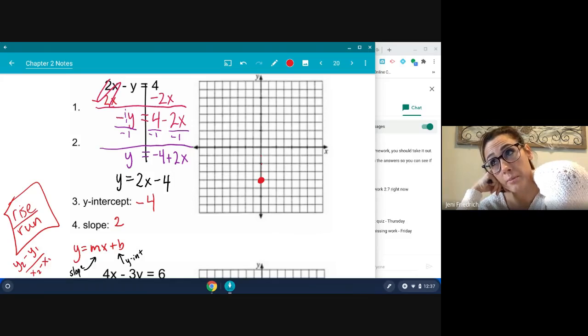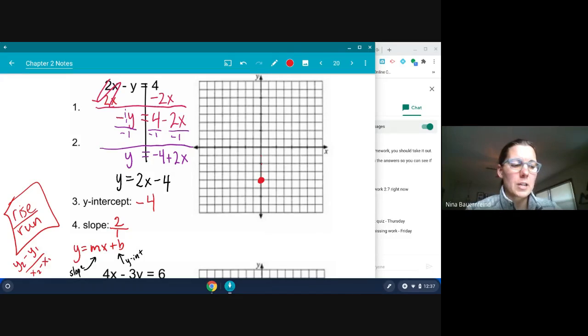If a number is divided by 1, so if there's ever just a whole number, you put a 1 on the bottom. So from here, we rise 2, run 1, rise 2, run 1, rise 2, run 1. Or down 2, back 1, down 2, back 1.